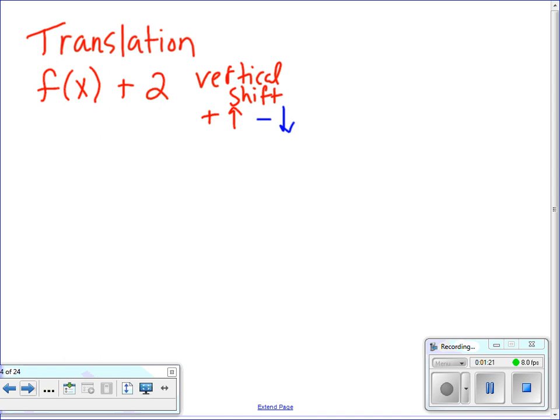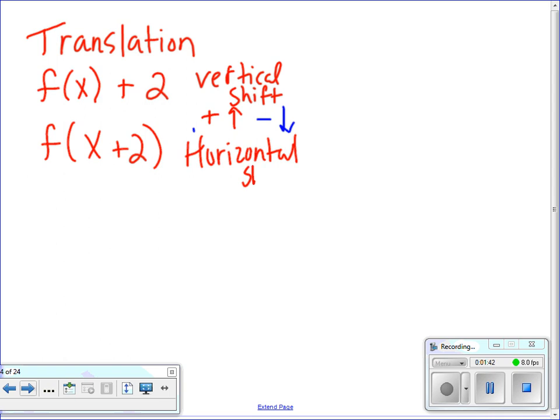And then for the number being on the inside, so we have f of x plus 2, this was a horizontal shift. Now remember, this one's a little backwards. If it was plus on the inside, it was actually moving it to the left. And if it was minus on the inside, it was moving it to the right.